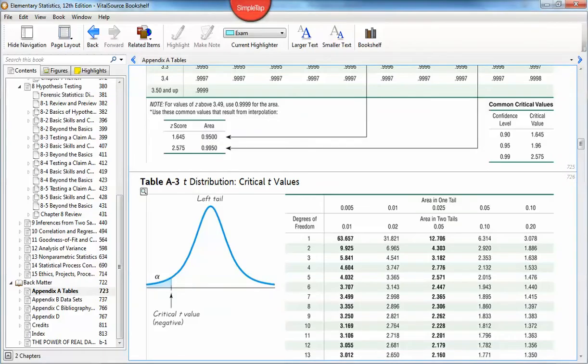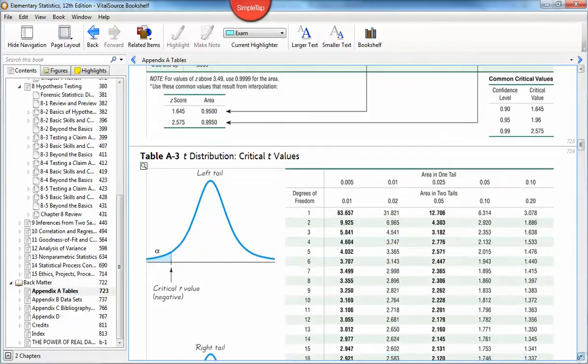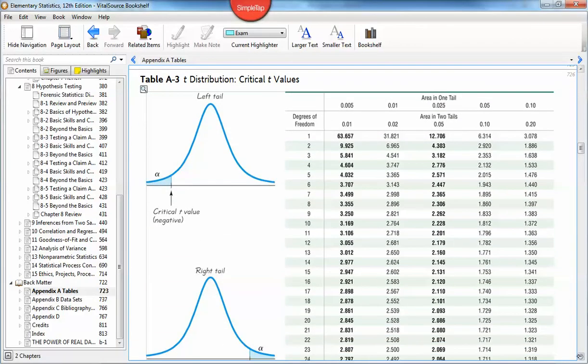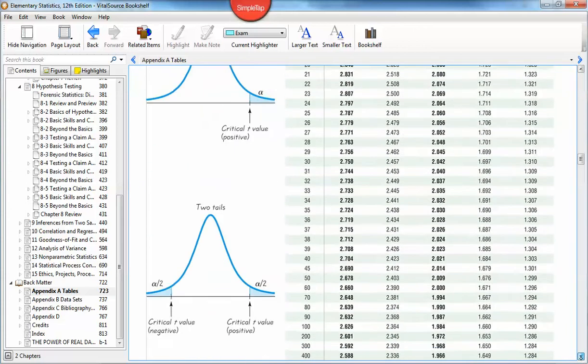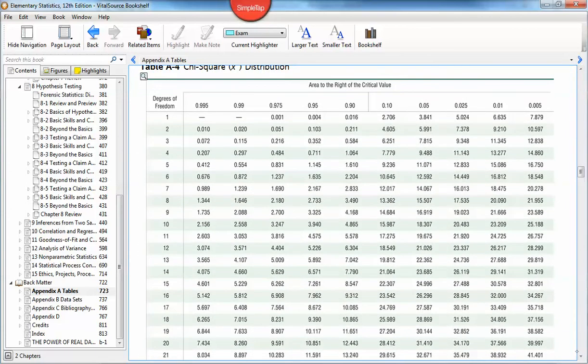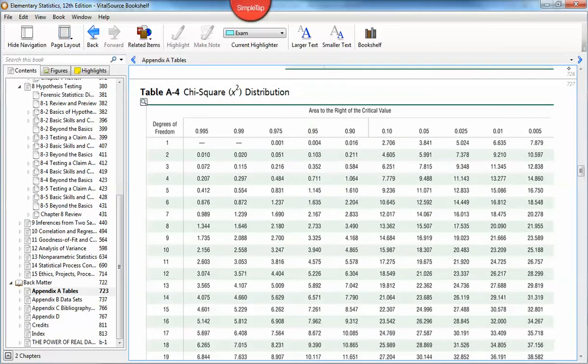Okay. So the chi-square distribution chart is right after the t distribution chart. So here is the chi-square distribution chart. We have the degrees of freedom over here on the left. So that concept is the same as we use for the t distribution, just say n minus 1. And then look up here, it says area to the right of the critical value.